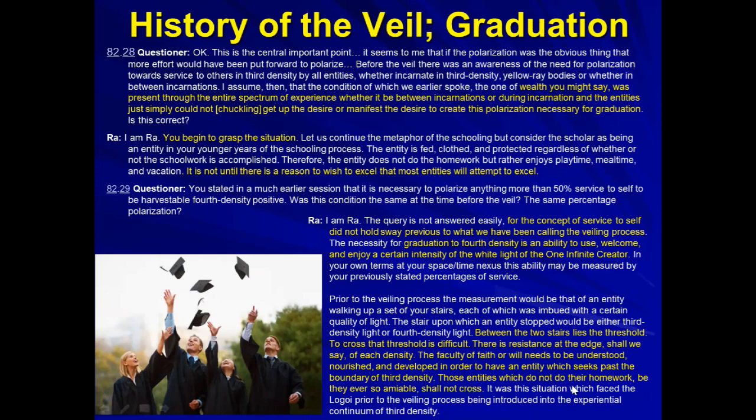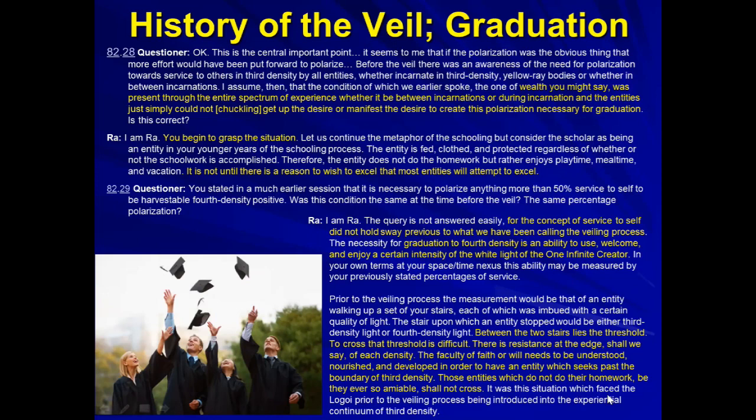Those entities which do not do their homework, be they ever so amiable, shall not cross, right? There's no free ride. There's no audit. You don't get an honorary degree. You've got to do the work.